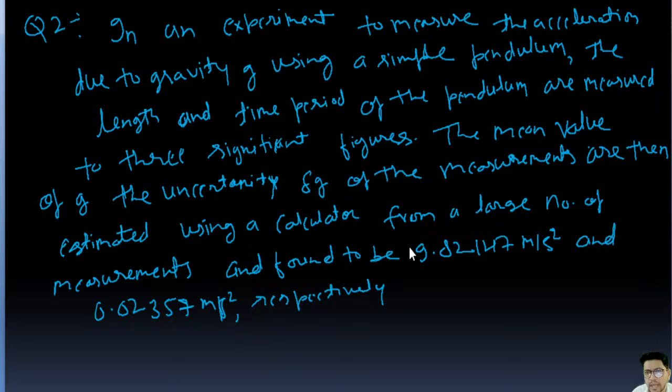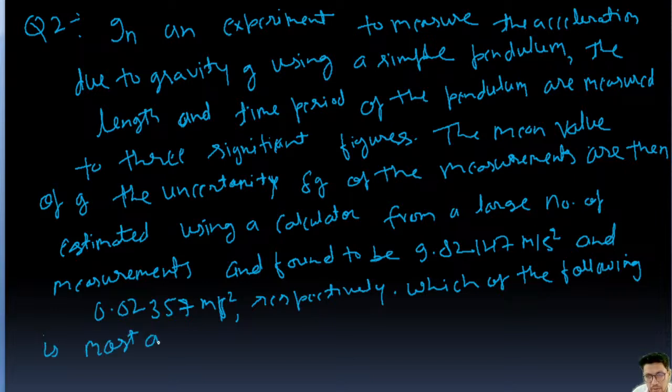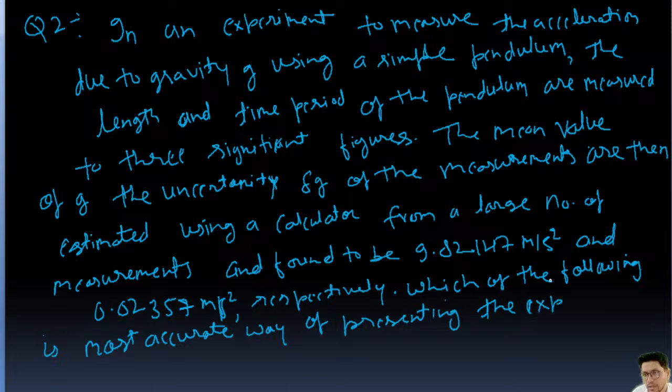Which of the following is the most accurate way of presenting the experimentally determined value of G?